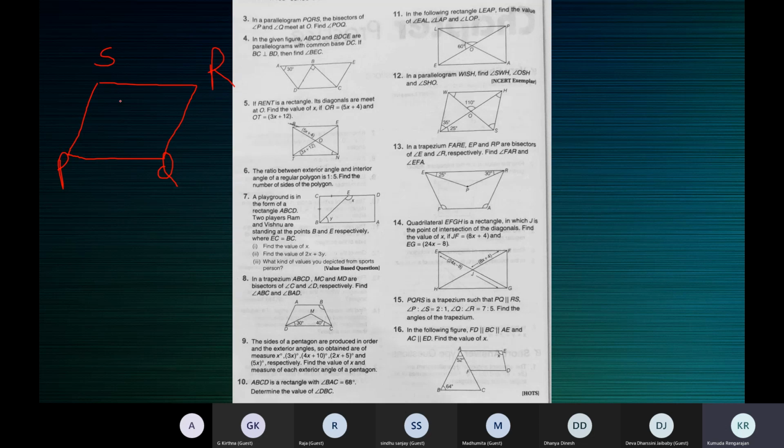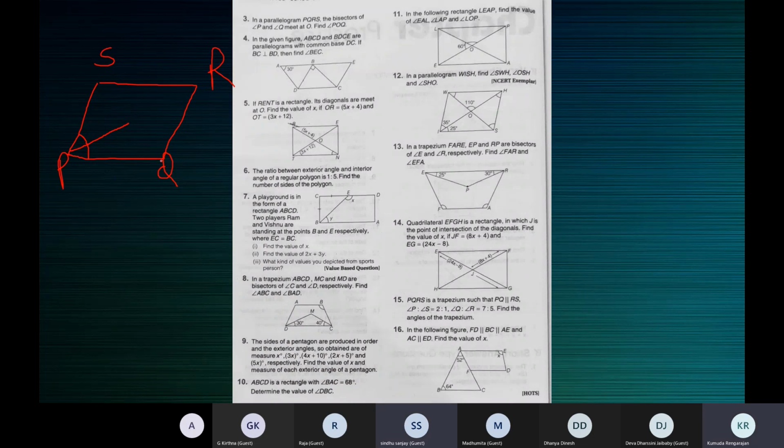The bisector of angle P. So let this be the bisector of angle P. Now, if angle P measures 60 degrees, its bisector will divide the angle into 2 equal angles. So if this is 60, it's going to be 30 here and 30 here. Do we understand what a bisector means? It divides the angle into 2 equal halves. All right? Yes, ma'am.